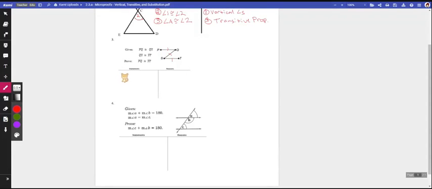So this proof is a super simple one where we just go through. Segment PQ is congruent to segment QS, given. Segment QS is congruent to segment ST, also given.